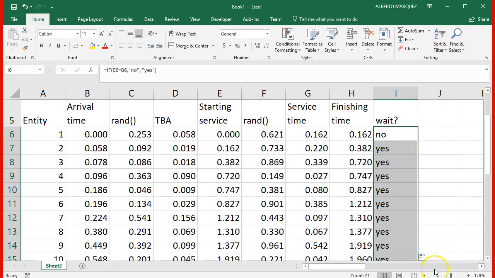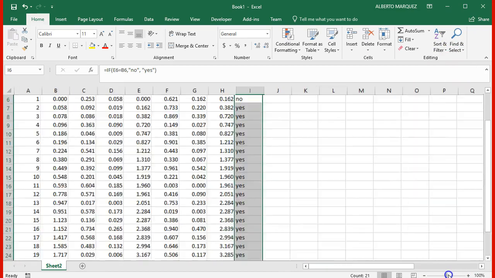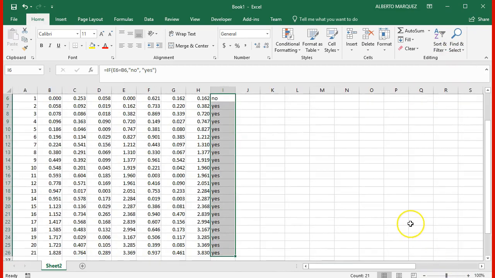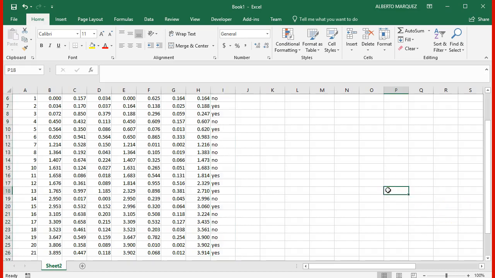And you can see in this particular case, most of the entities waited. But depending on what the random numbers are, now you see patterns in which sometimes they wait, sometimes they don't.